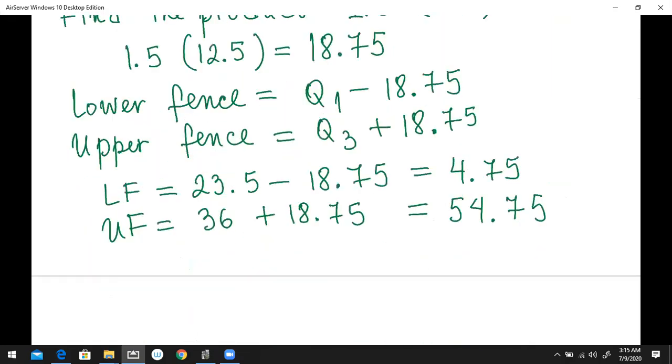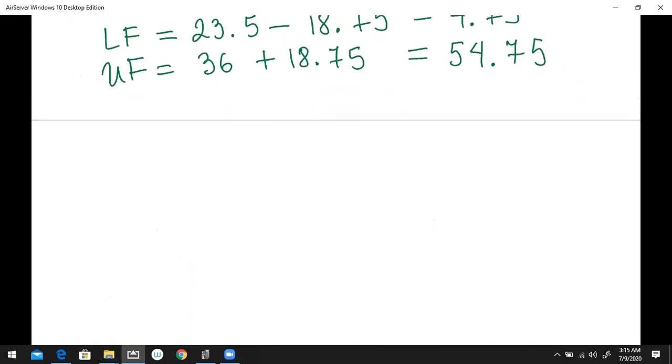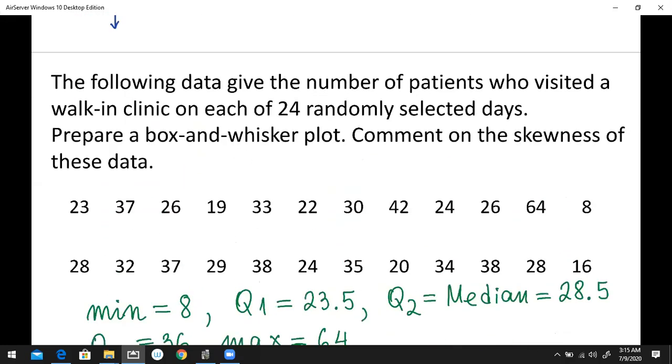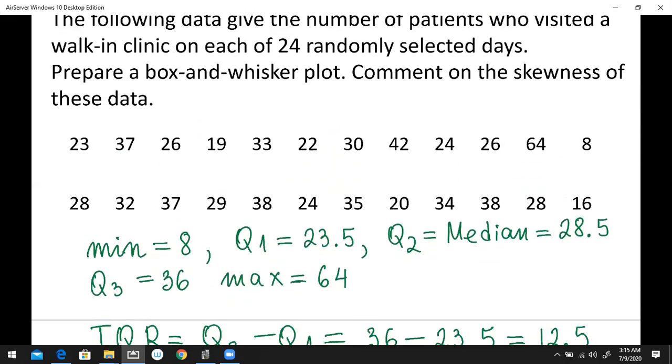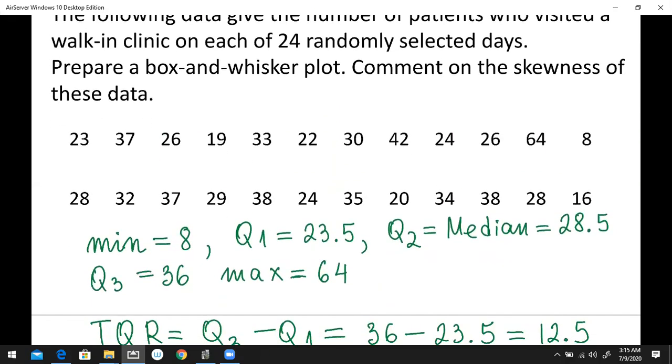So this is what we're writing. Here is our box and whisker plot. Let me write these numbers down.